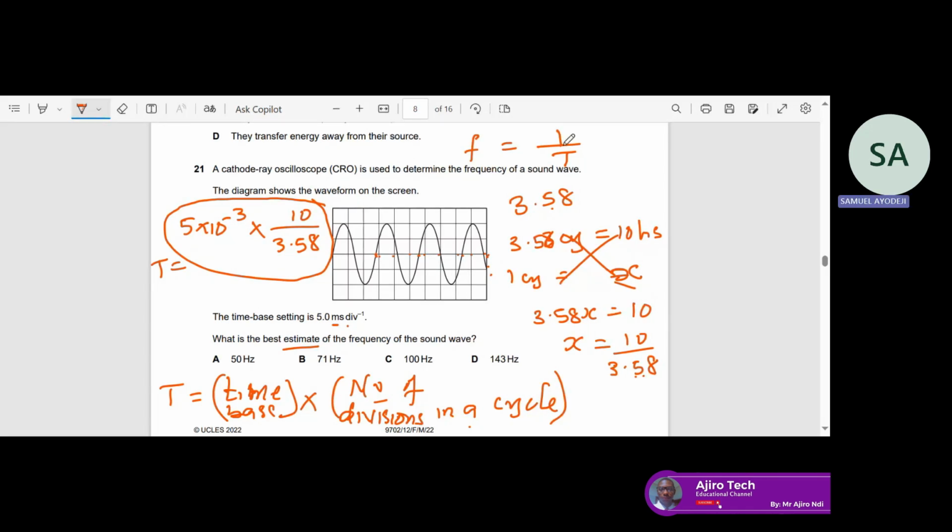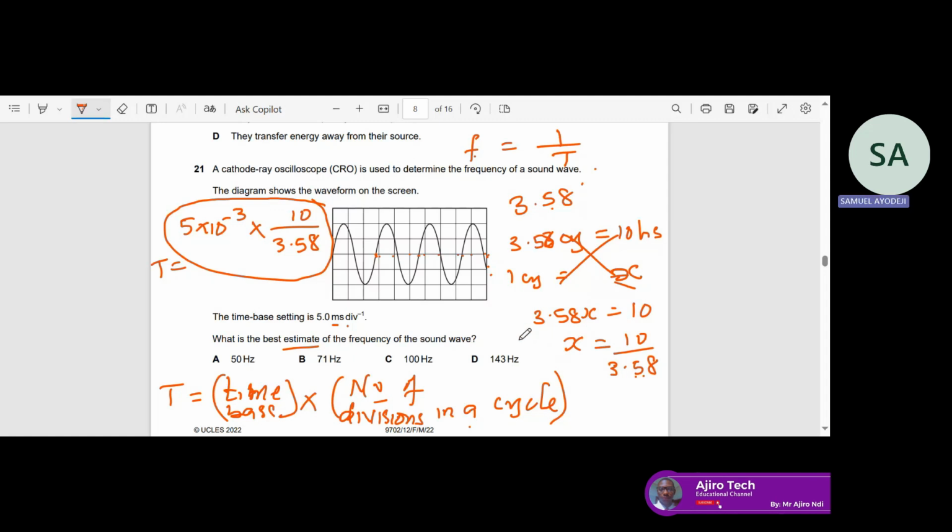Find 1 over the period, the frequency formula. 558. Are you sure?